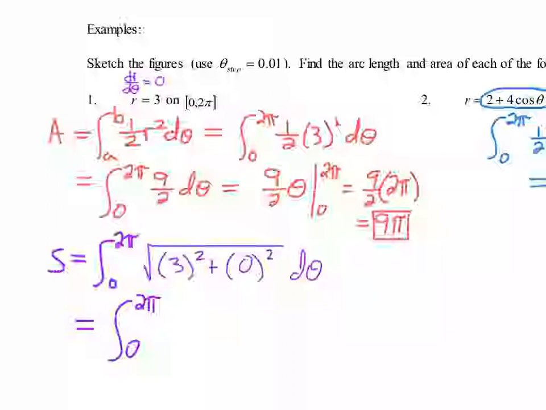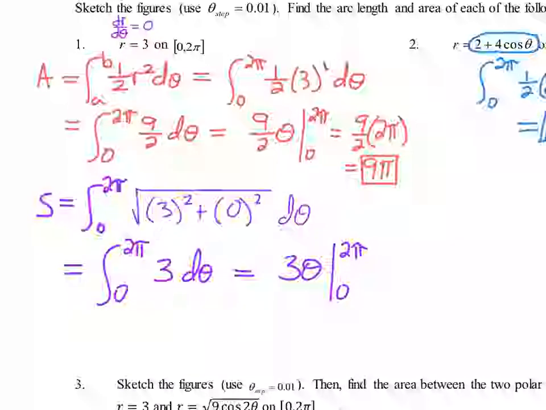So the square root of 3 squared is 3 d theta, which would be 3 theta on the interval of 0 to 2 pi, which would amount to, and normally I wouldn't even bother doing it by hand, but it's simple enough. I think it's actually easier to do this by hand than to type it into the calculator. So 3 times 2 pi would give us 6 pi.